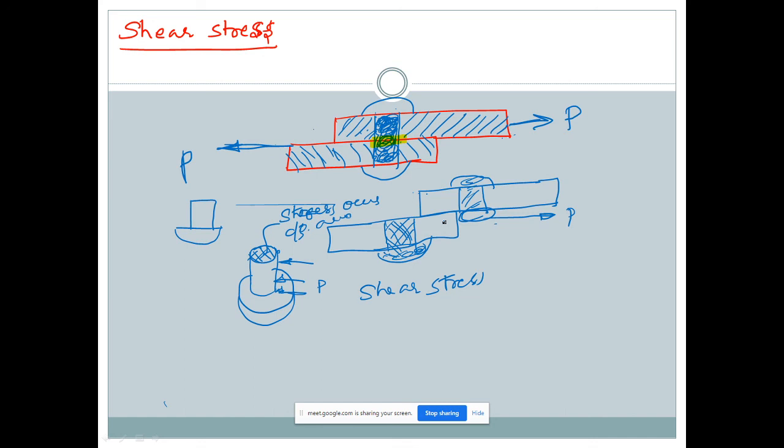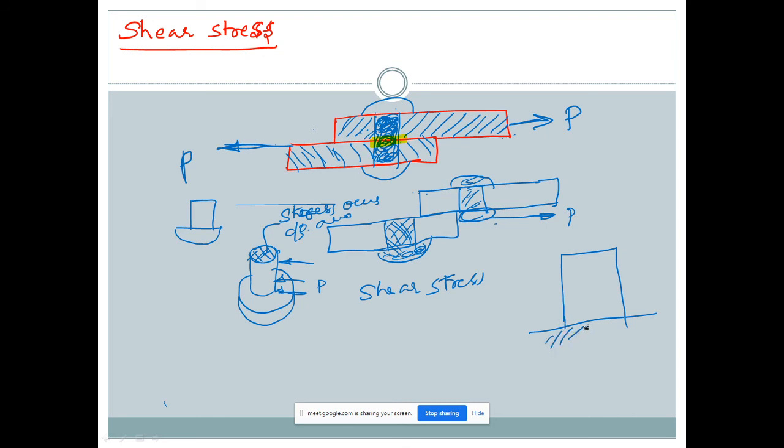So now I'll define: when the external force acting on a component tends to slide the adjacent planes with respect to each other, the resulting stresses on these planes are called direct shear stresses. Shear stresses. I'll go for one more example here for better understanding.